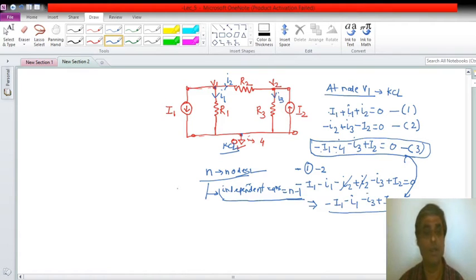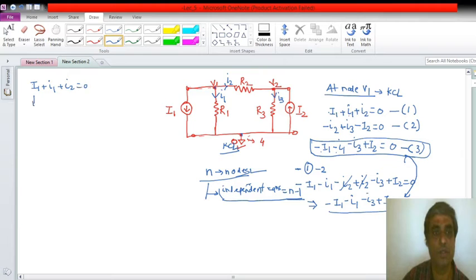Now let us write the equations for this. In terms of our equation, KCL we have already written. Now let us express these currents in terms of node voltages. So what is this? I1 plus I2 was equal to 0. The source current is given, so we cannot do this. Then for small I1, what can be done?